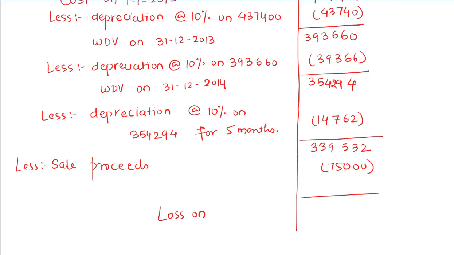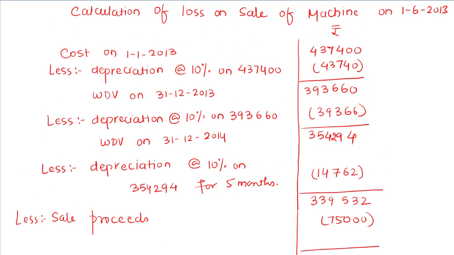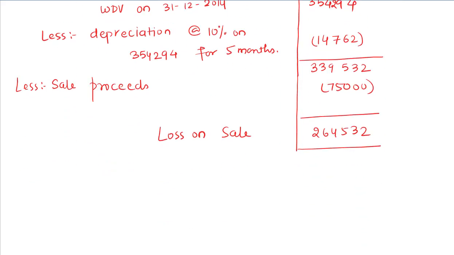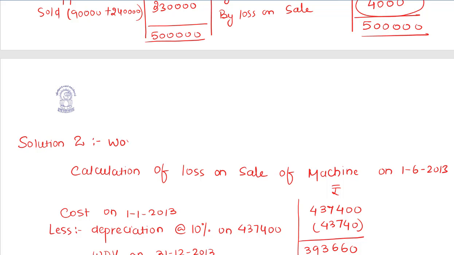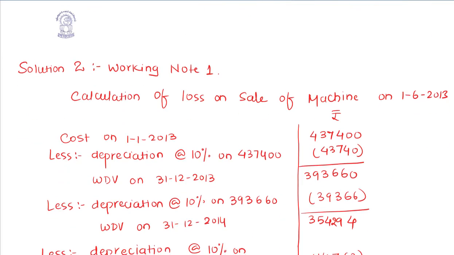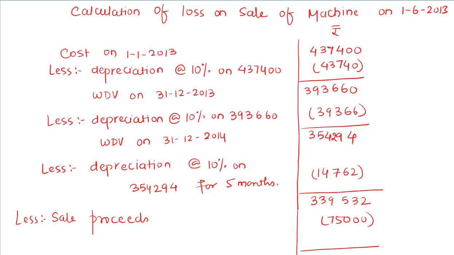So the loss on sale would be 2,64,532. 2,64,532 would be the loss on sale. This is working note number 1.